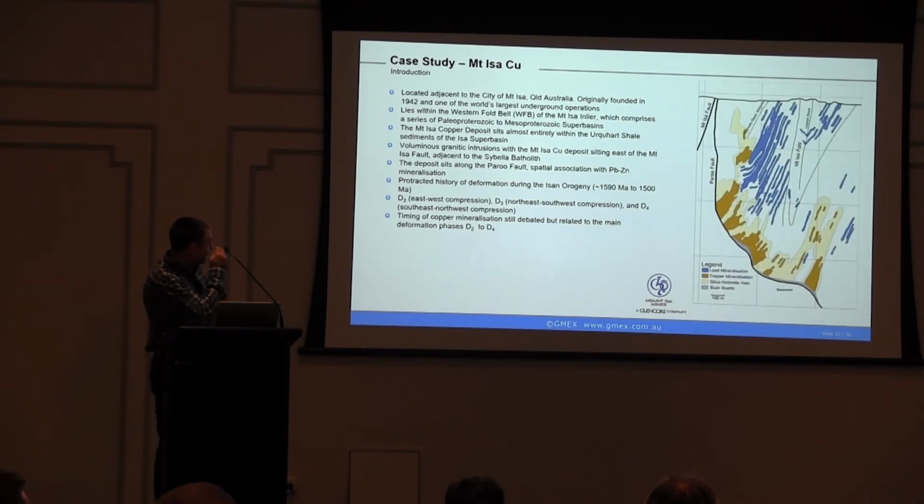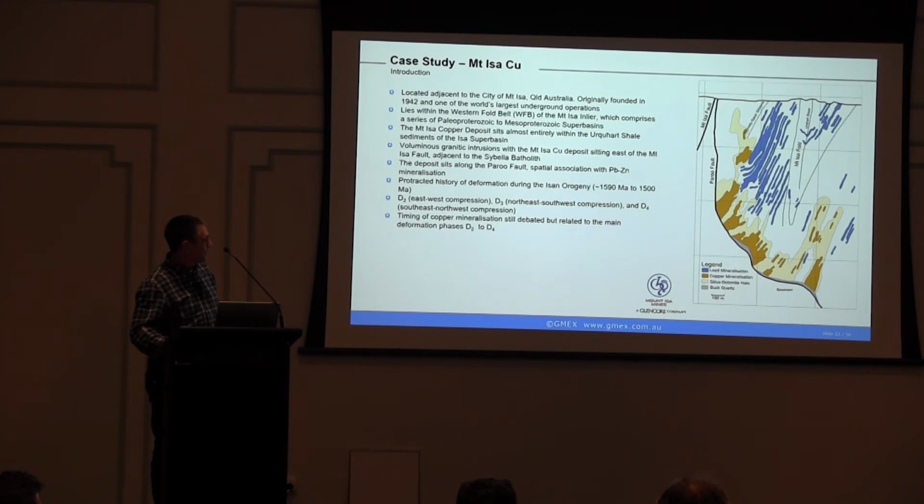But essentially, the important relationship is obviously the Paru fault and that spatial association between the lead zinc and the copper ore. So there's a protracted deformation history, as we know, and I think that the D3 and D4 events have been events that people have postulated as being important for mineralization.